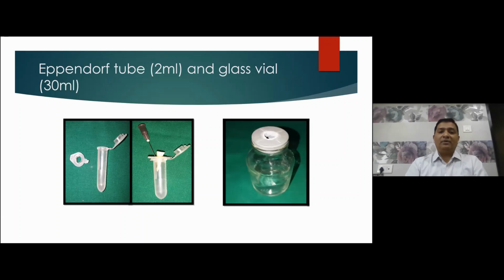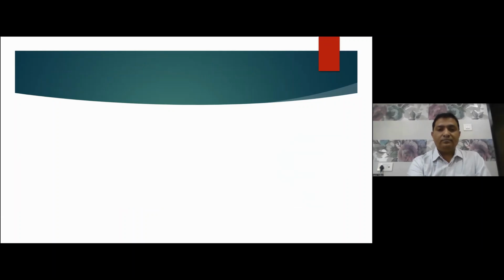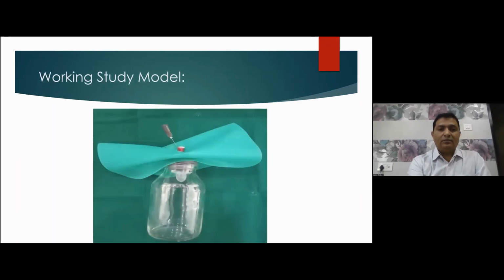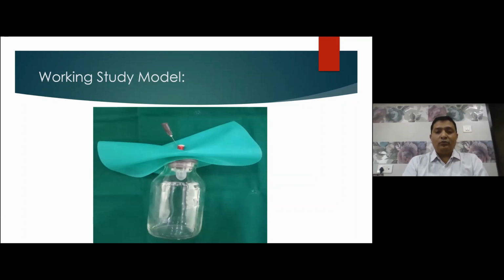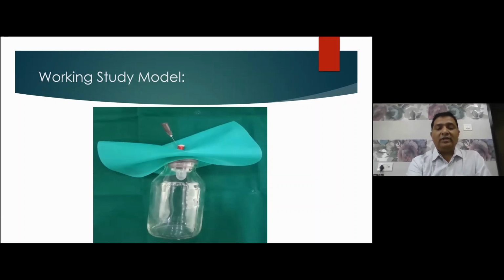A 30 ml glass vial is obtained and used to hold this tube in the center of the cork. Teeth were then painted with nail varnish except the apical foramen, so as to assure that the apical extrusion was through the apical foramen only and none other.